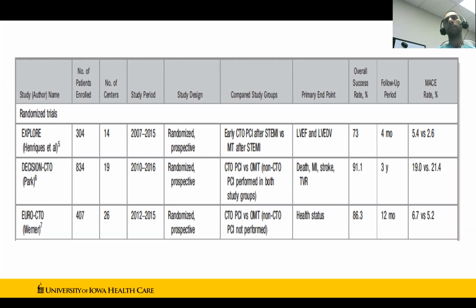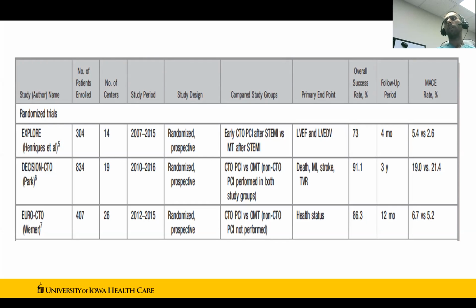The Decision CTO trial was supposed to enroll close to 1,200 to 1,400 patients, but because of very, very slow enrollment, had to stop prematurely at 834, and therefore did not reach their endpoints. Moreover, most of these had surrogate endpoints. Then they did not actually enroll patients who were very symptomatic.